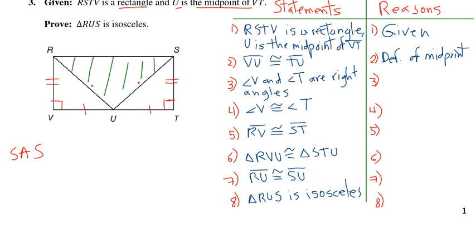And then I have angle B and angle T are right angles, because if you want to show that two right angles are congruent, first you have to mention that they are right angles. So first I'm saying that they are right angles. And why do we say that? Because all the angles of a rectangle are right angles, or a rectangle has 4 right angles.